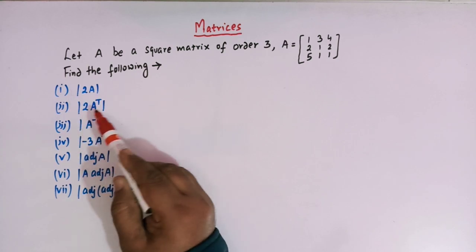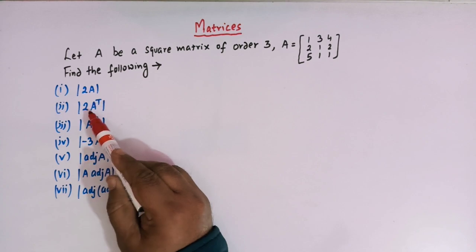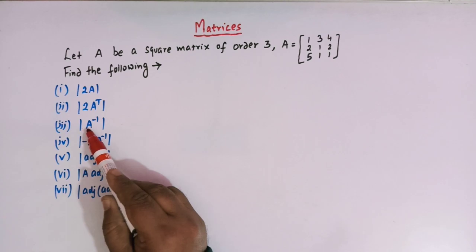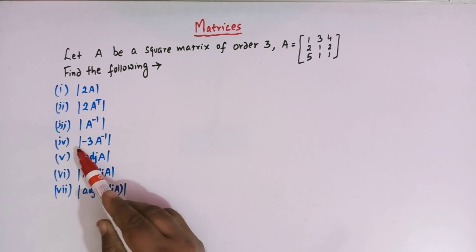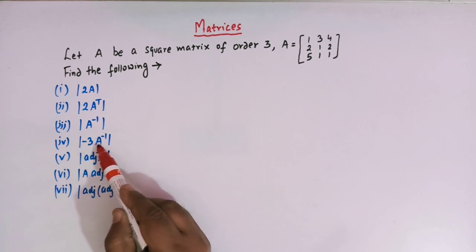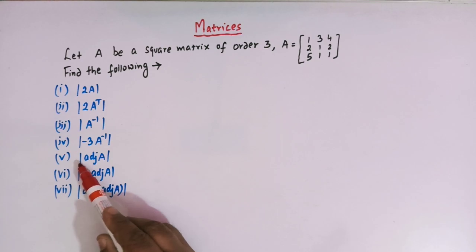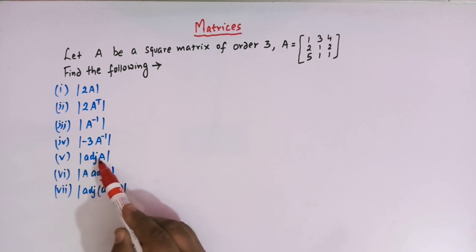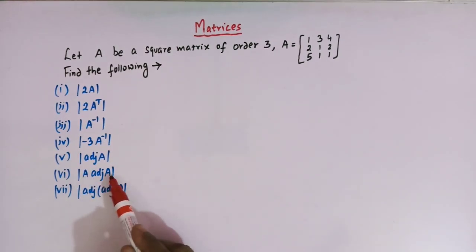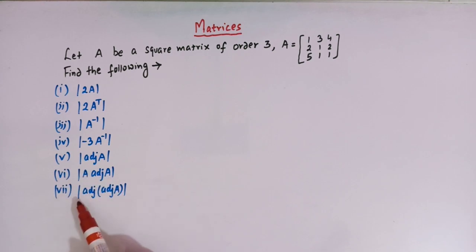Then we have a determinant of 2 times the transpose of the matrix A, then determinant of the inverse of matrix A, and then determinant of minus 3 times the inverse of matrix A, and then the determinant of the adjoint of this matrix A, and then we have the determinant of A times the adjoint of A, and then we have the determinant of adjoint of A, right?